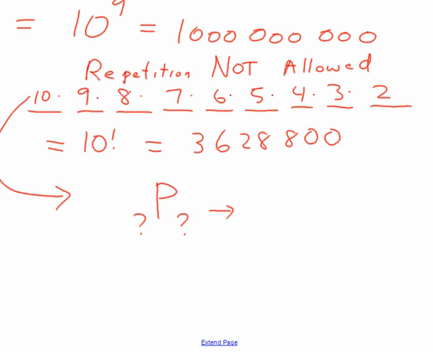It would be 10 numbers to pick from, and how many are you going to pick? 9. And if you do 10P9 right now on your calculator, you will get 3,628,800.